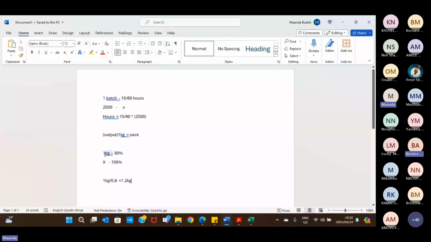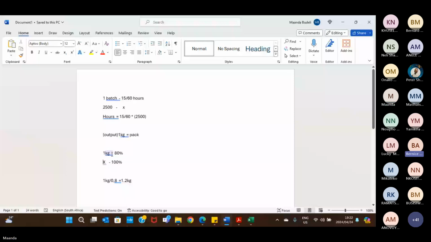You can't take the output and multiply it by 80% because the output already is 80%. So 1 kg equals 80%. I need 100%. What is then my kgs? Then you do the maths.